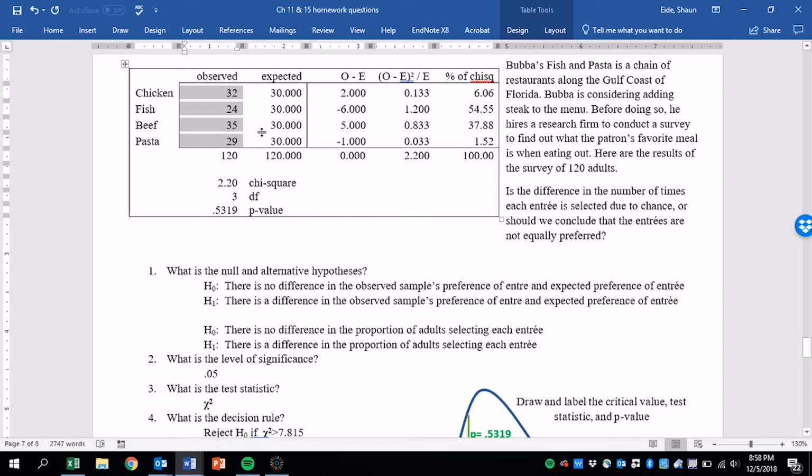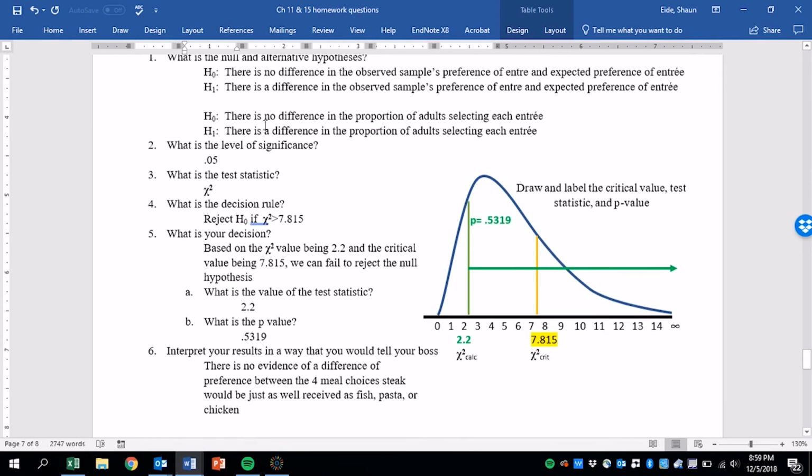Another way that you could say this is there's no difference between what we observed and what we expected, or there's no difference between the individuals' preferences that were measured and what we expected them to be. Because this is a goodness of fit test. Once again, how well does the data that we collect fit with what we expected?